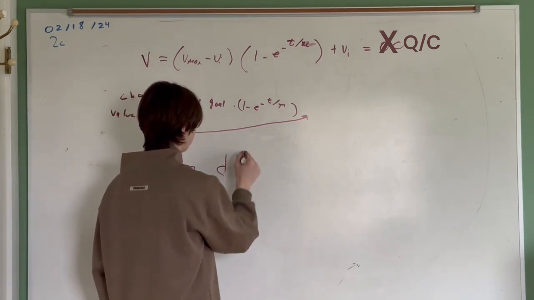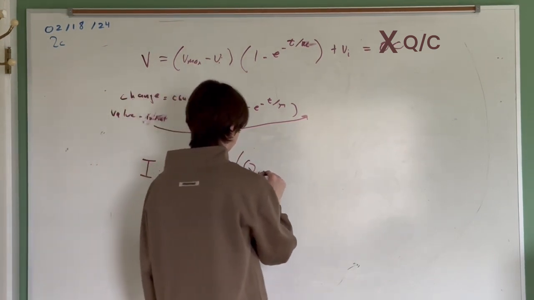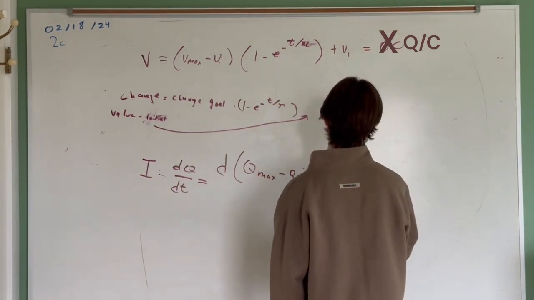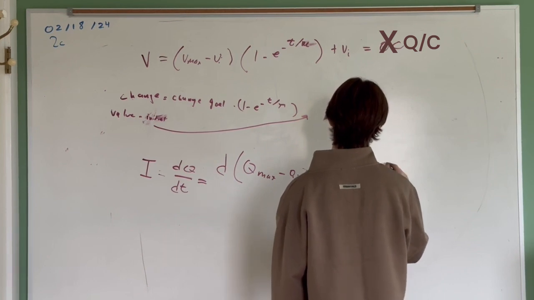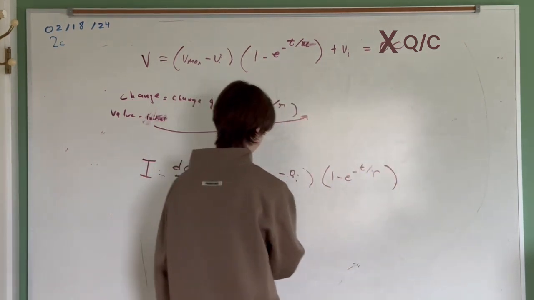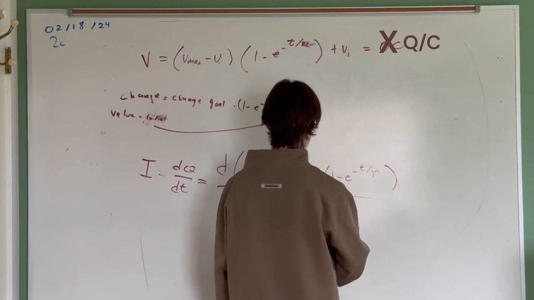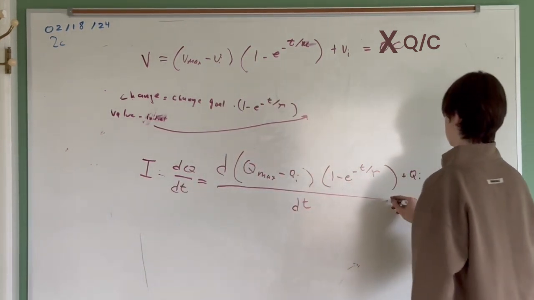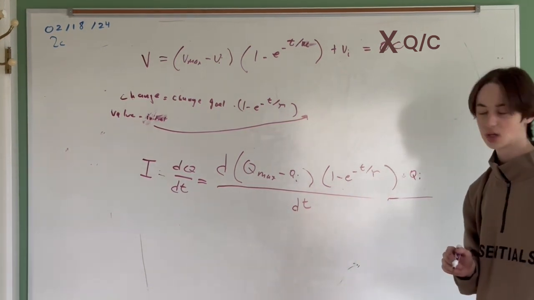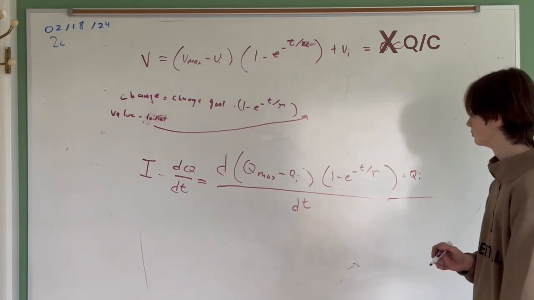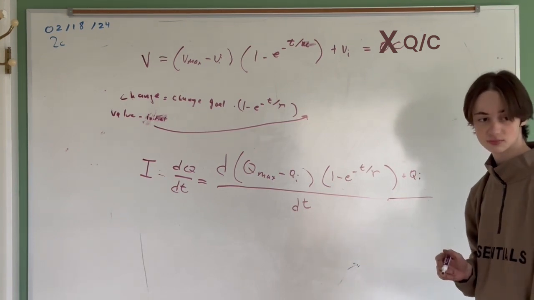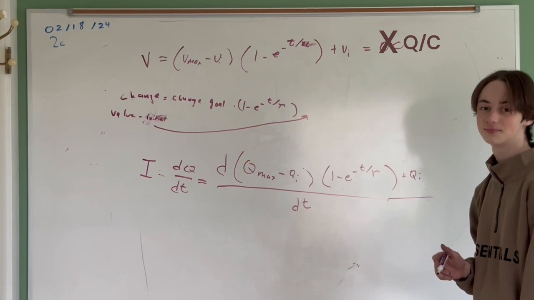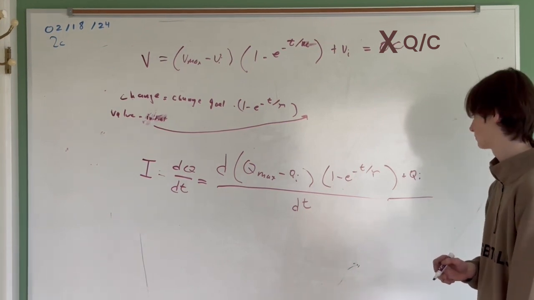So the derivative of Qmax minus Qi times 1 minus e to the negative t over tau with respect to t. So I want to take the derivative of this with respect to t.